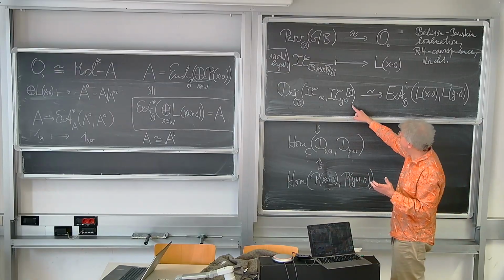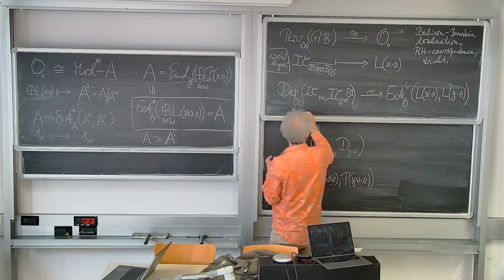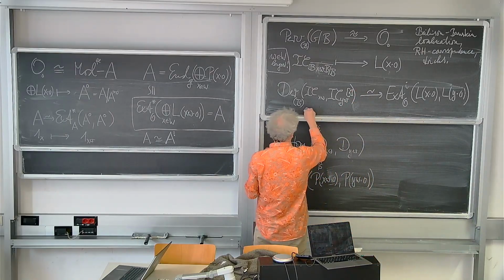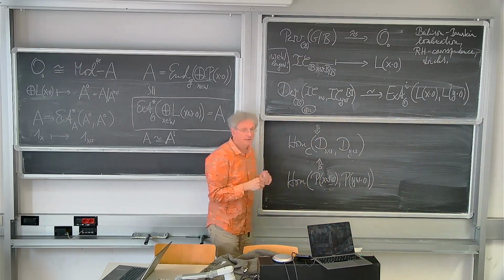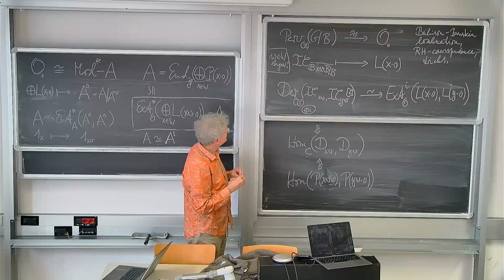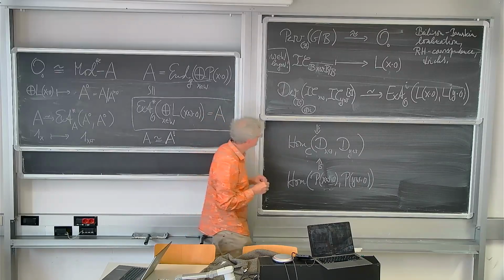But here I should take a sum over all i's, because for a fixed i, it's going to be the homomorphisms that are graded by i. Yes, absolutely. Let me forget the grading. Thanks.